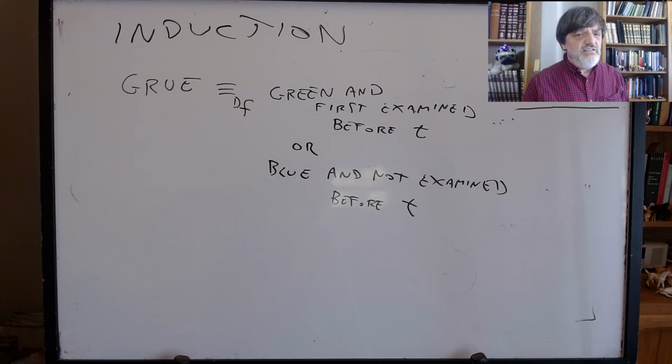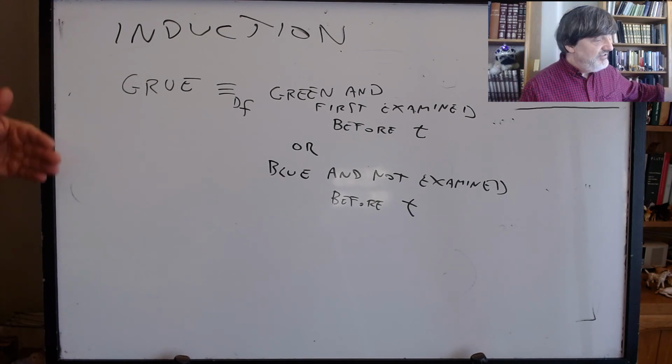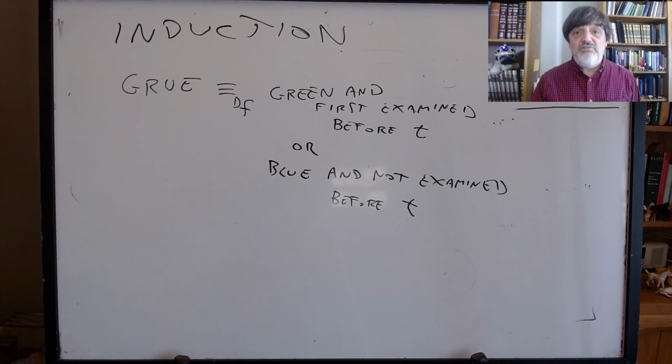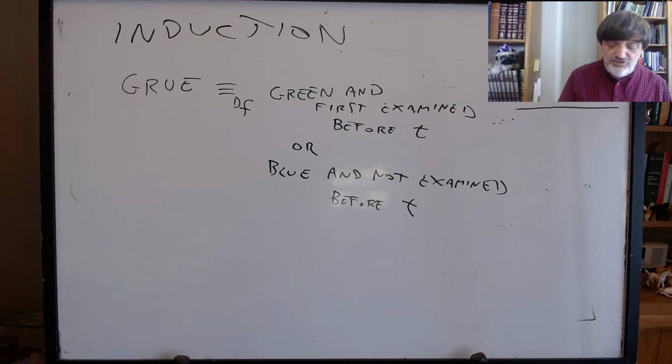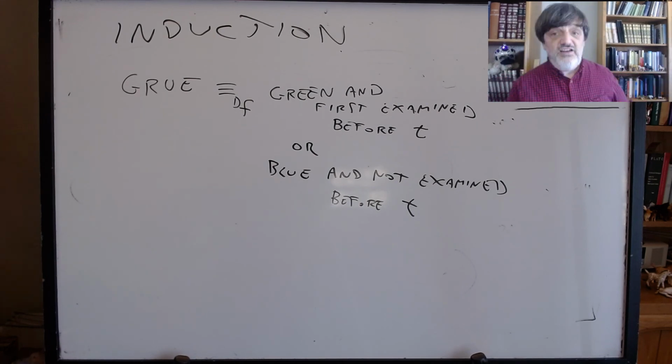This is actually an explicit definition. It's not a reduction sentence or anything like that. This counts, in the sense of the Aufbau, as a construction of the concept GRU. So if green and blue are legitimate concepts, GRU should also be a legitimate concept.